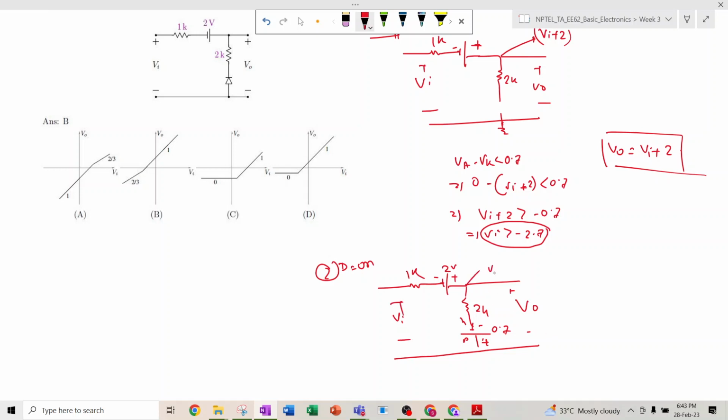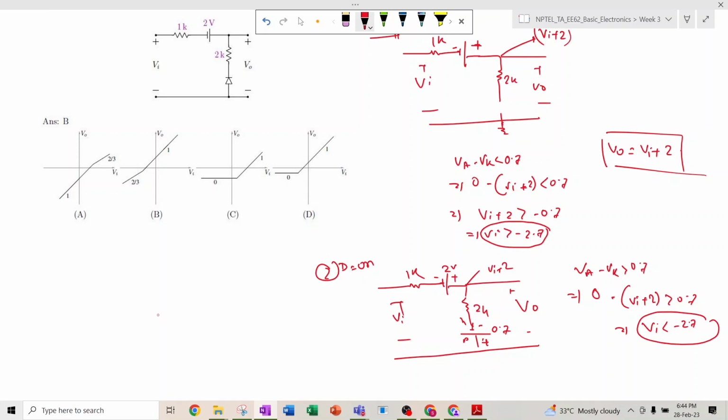So this is Vi plus 2. Similarly, the diode will be on when Va minus Vk should be greater than 0.7. So 0 minus Vi plus 2 will be greater than 0.7. So it will come as Vi less than minus 2.7.